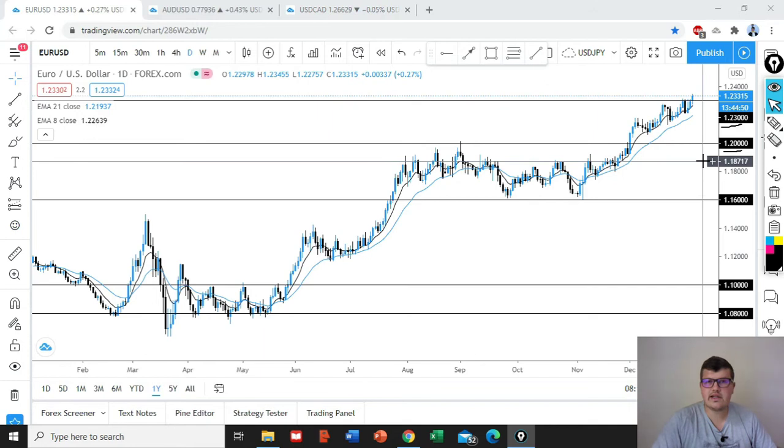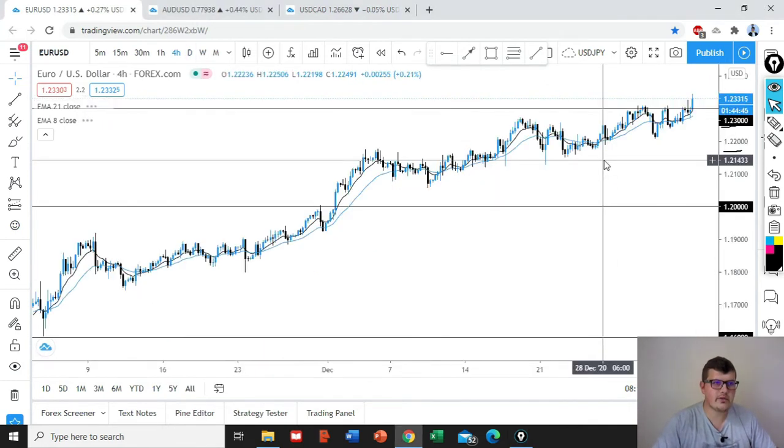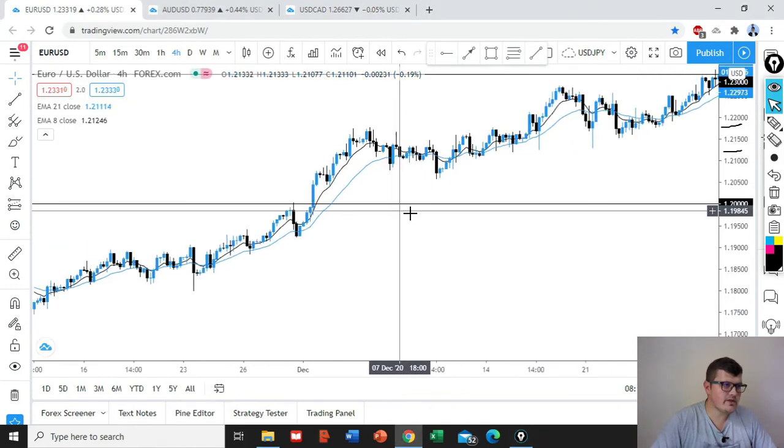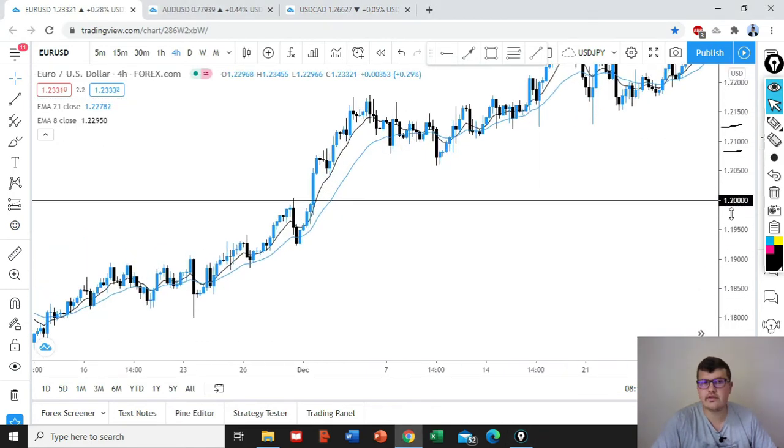So let's just quickly zoom in a bit so I can show you in more detail how the market reacted at these separate levels in the Euro USD currency pair. So let's just zoom into this 1.2 psychological level over here on the Euro USD. Sorry, that's a bit too big.